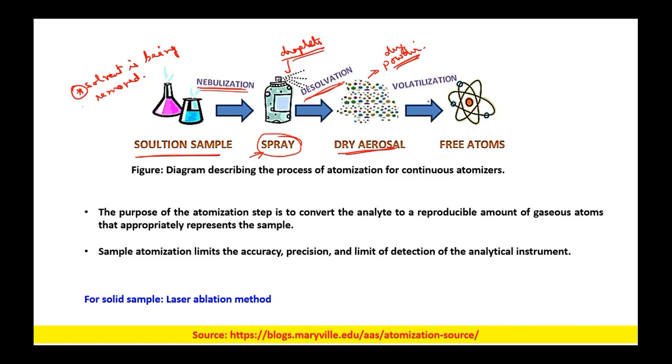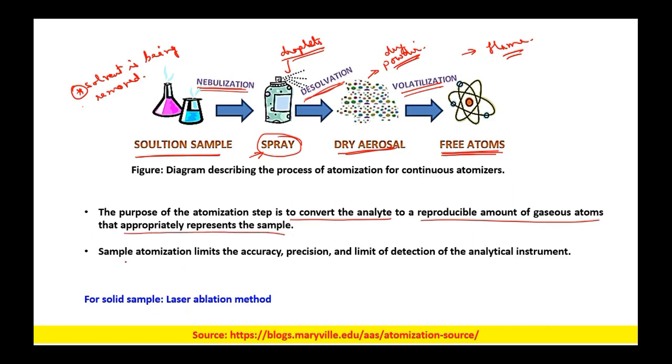Okay. And after that, due to the heat being generated, so how are we generating the heat? We are basically generating the heat by flame. Since we are heating these dry powders within the flame, we have the volatilization process, and during this volatilization we get the free atoms. The purpose of the atomization step is to convert the analyte to a reproducible amount of gaseous atoms that appropriately represent the sample.